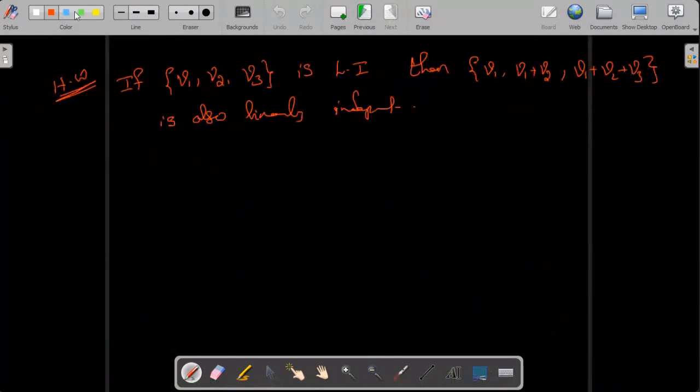And let me tell you some other interesting facts about linear independence. If a set is linearly independent, then look at its linear span.